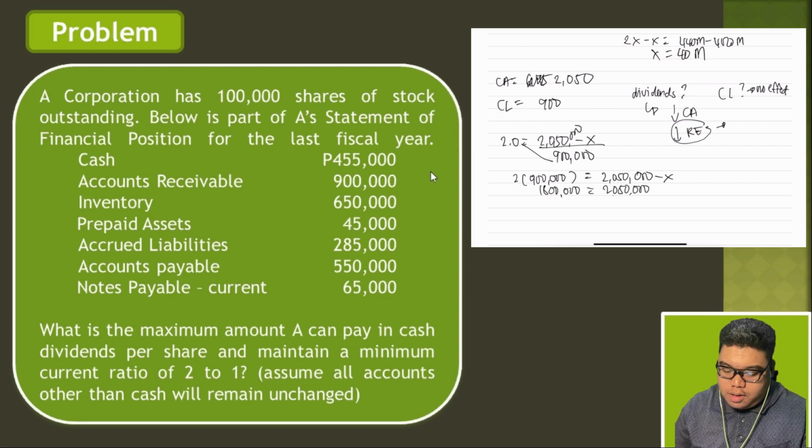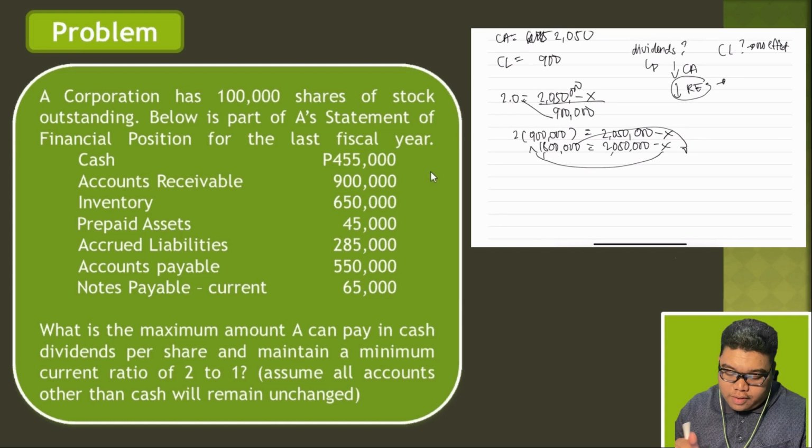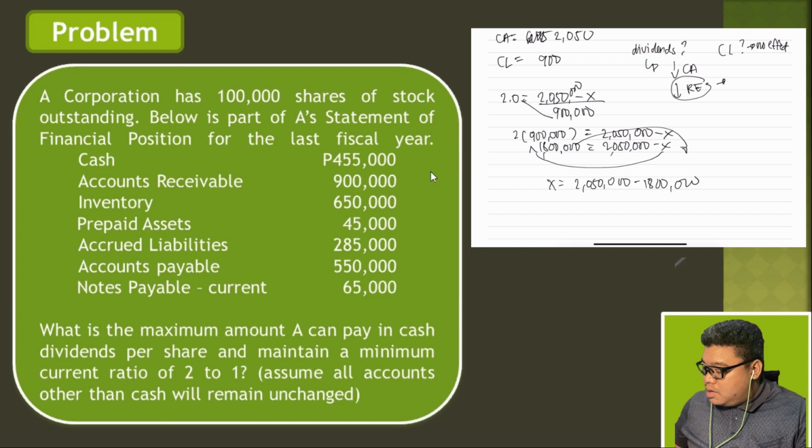Then 2,050,000 minus X, and we transpose, and we have X equal to 2,050,000 minus 1,800,000. So X would be equal to 250,000.